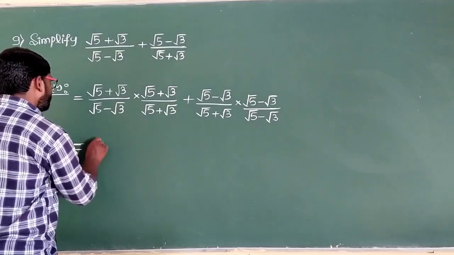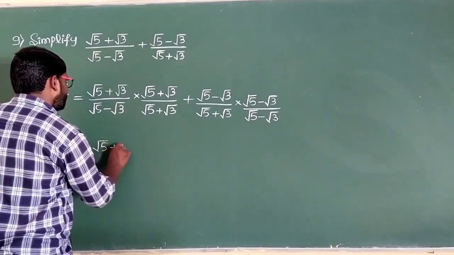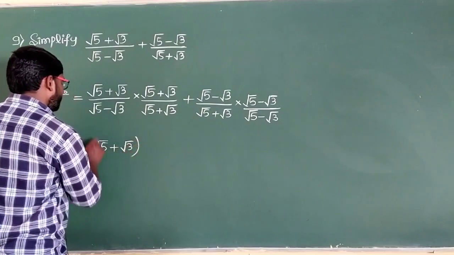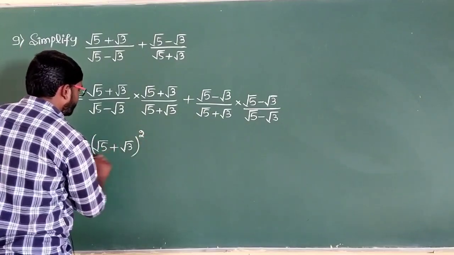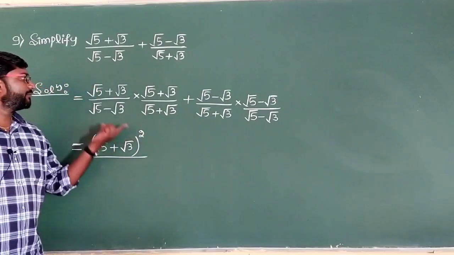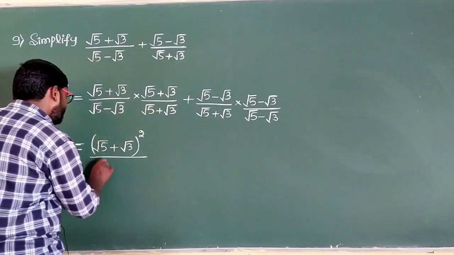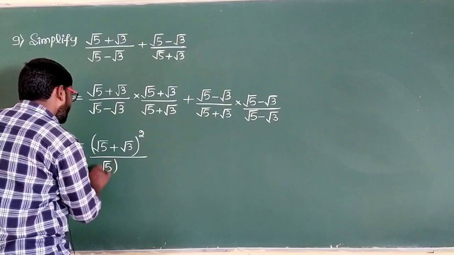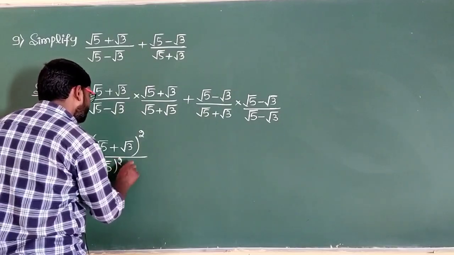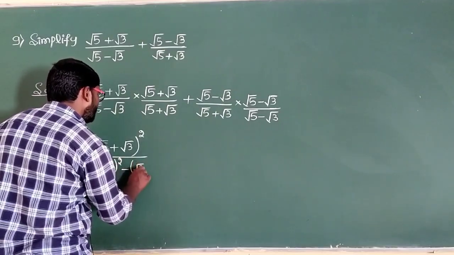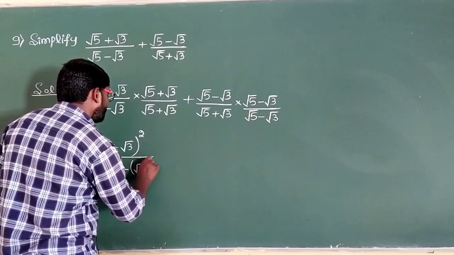So I write root 5 plus root 3 the whole square divided by the denominator, which is in the form of a minus b into a plus b. It is a square minus b square, that is root 5 the whole square minus root 3 the whole square.